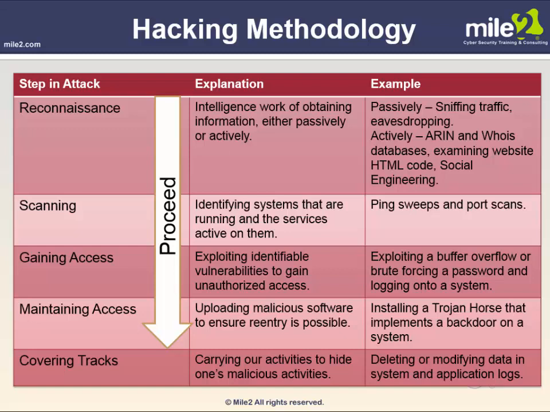All right. Also, the third phase is called the gaining access phase, also known as the enumeration phase. This is where we exploit identifiable vulnerabilities to gain unauthorized access. We a lot of times can do this through exploiting a buffer overflow or brute forcing a password and logging onto the system. And again, this is also one we're going to have a chapter on all by itself, and it's going to be called the enumeration chapter.